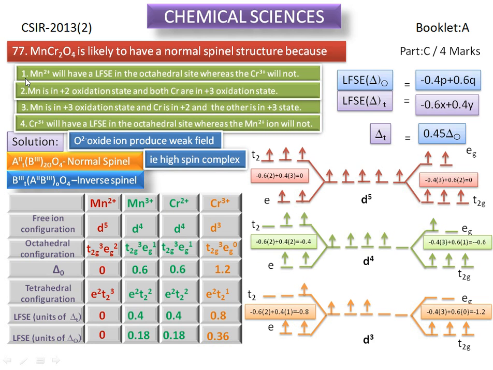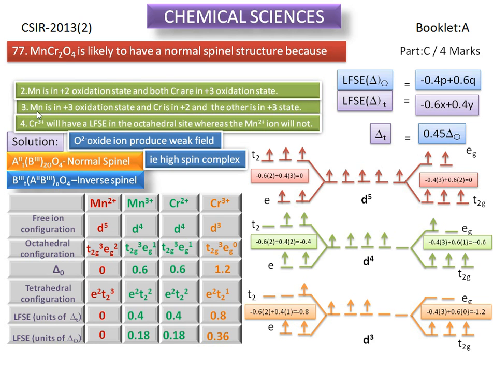Now we check the options. In the first option, Mn2+ will have LFSE in the octahedral site, whereas chromium 3+ will not. Comparing this table, Mn2+ has 0 LFSE, so it cannot have LFSE; we neglect this answer.